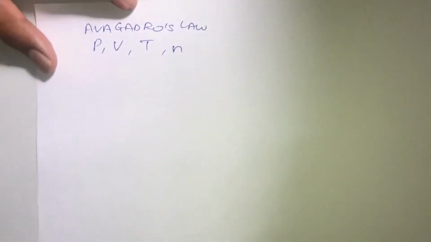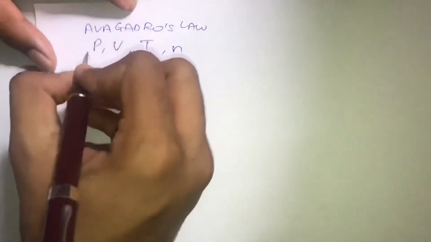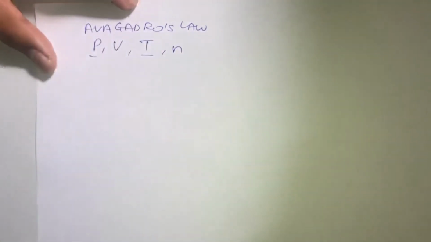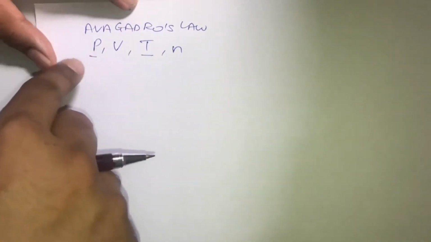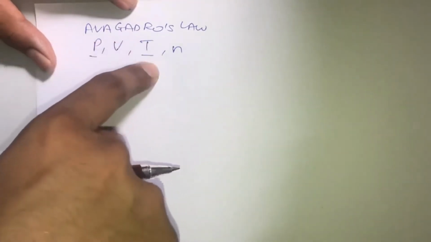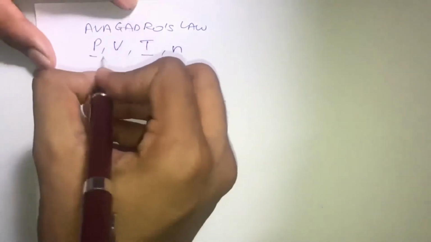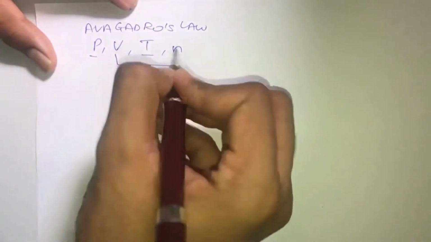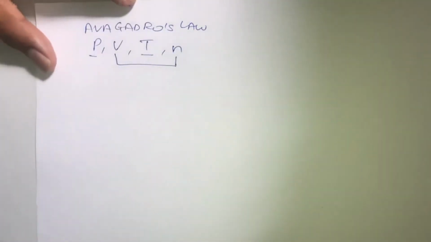So what Avogadro told us is that suppose you keep pressure and temperature constant, which means you do not change the value of pressure and temperature. Then you can find out the relation between volume and number of moles of gas.